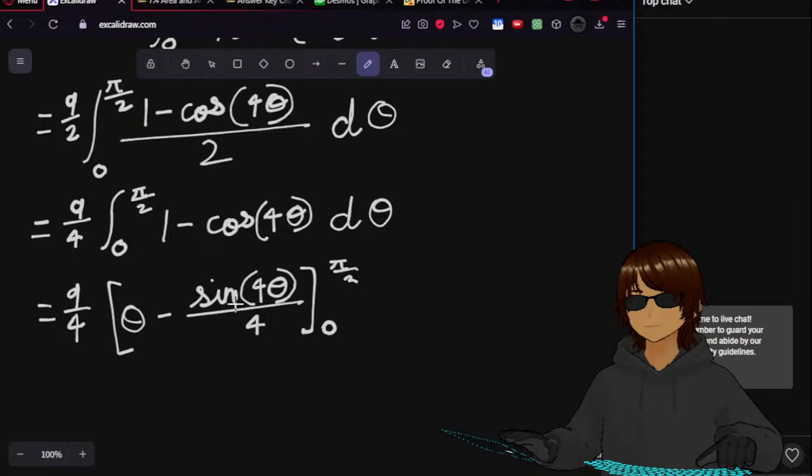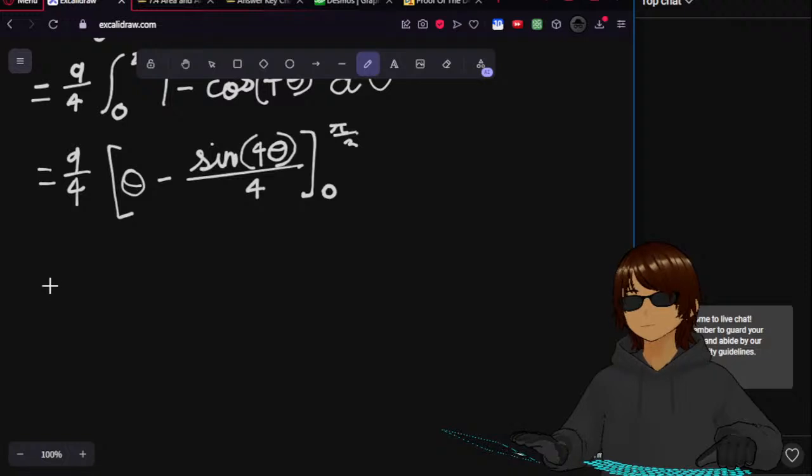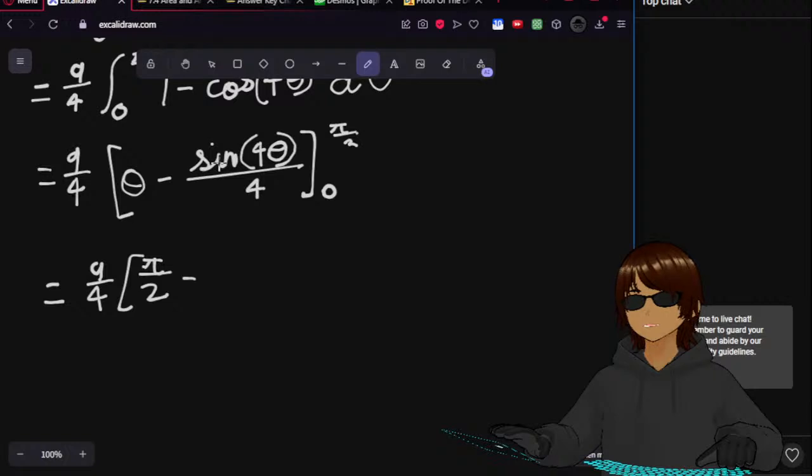The derivative of sine 4 theta is 4 cos 4 theta. This is correct. We will forget about the 0 case, pi over 2. So sine 4 times pi over 2 is sine 2 pi, which is 0. So 9 pi over 4 times 2 is 9 pi over 8.